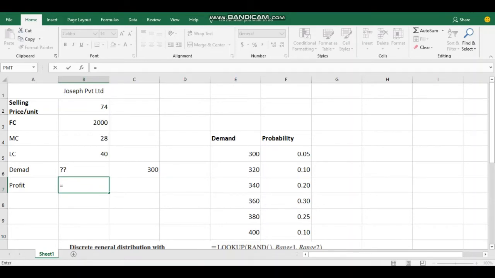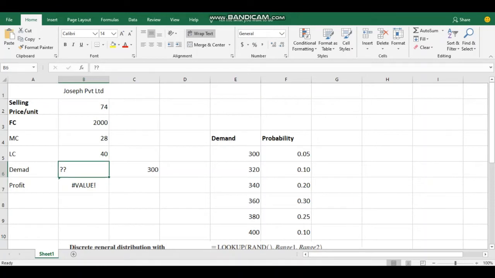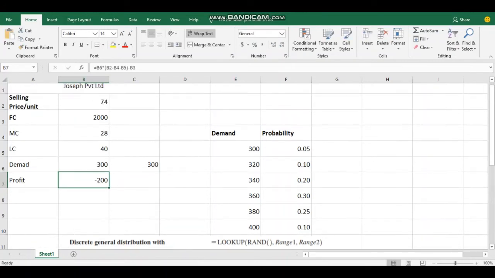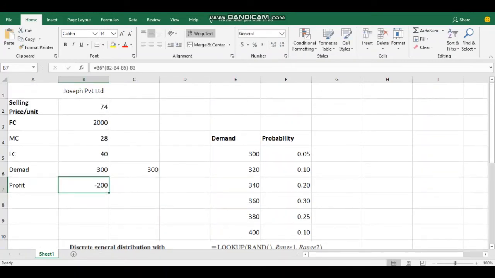You use the formula: demand into selling price minus material cost minus labor cost, then subtract the fixed cost. Once we give some demand values, for example 200, it shows 800 loss. 300 shows 200 loss. That is how it goes.